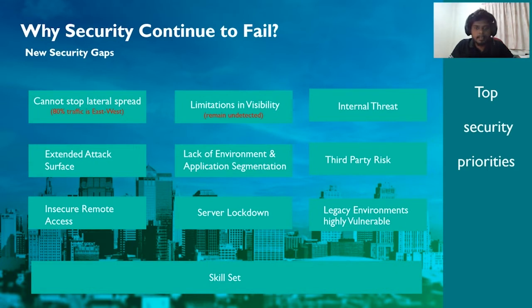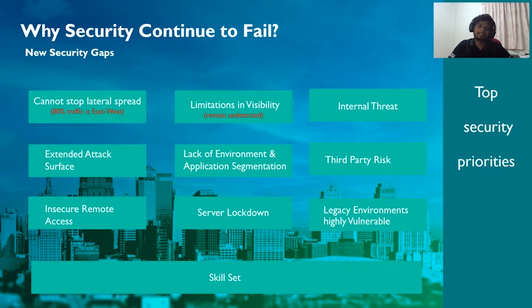So let me add why security continues to fail into my answer. Whenever a significant cyber attack happens, several issues relating to vulnerabilities, technology, and processes are back on the discussion for those who are responsible for cybersecurity. In most data breaches and attacks, the bad actors were moving laterally.